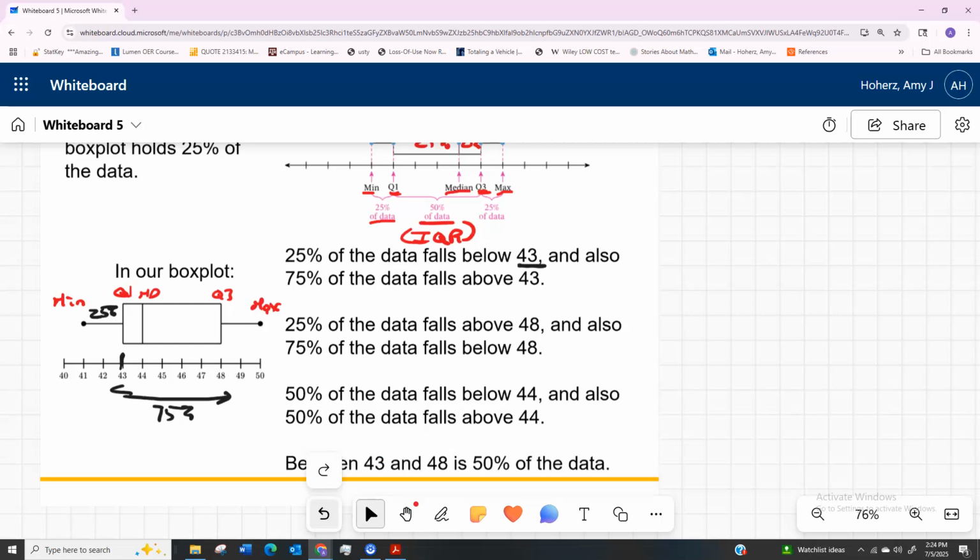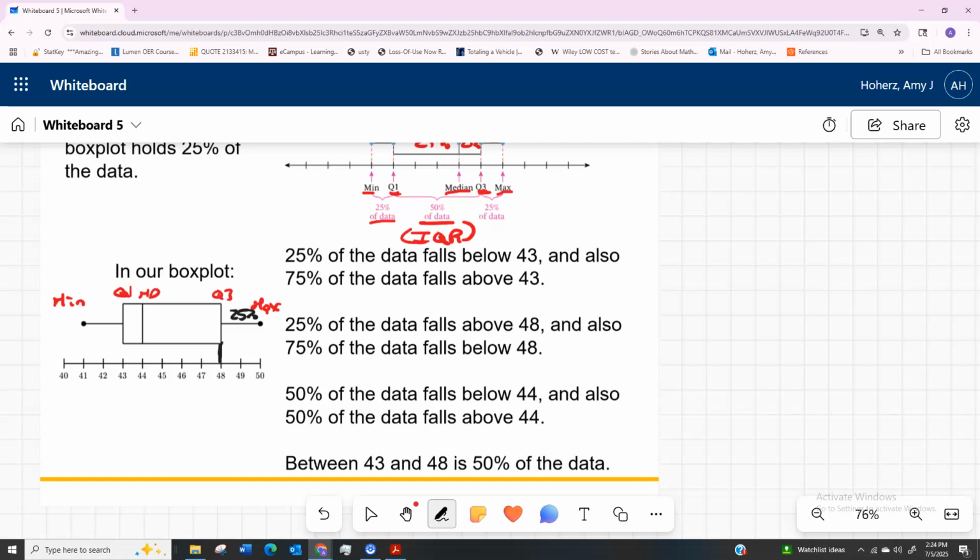Okay, so let me get rid of these marks so that we can look at the next question. So now we've got: 25% of the data falls above what? Well, each of these is 25%, and we want the top 25%. Where's that at? Well, that would be above 48.